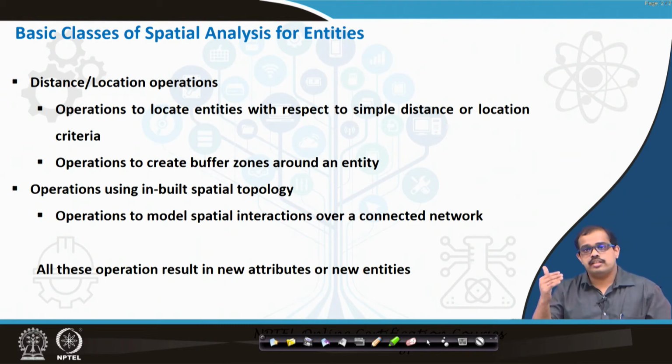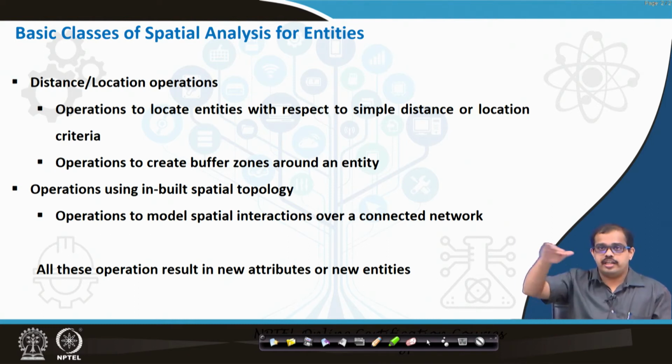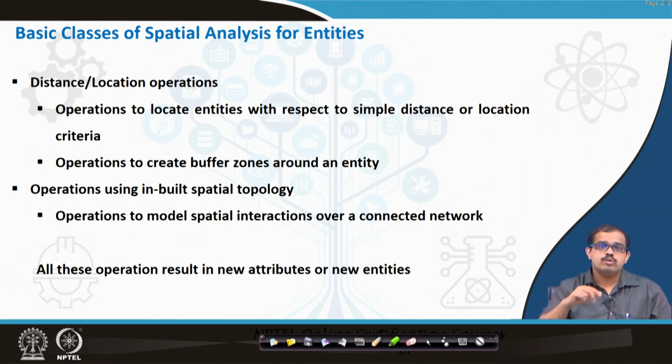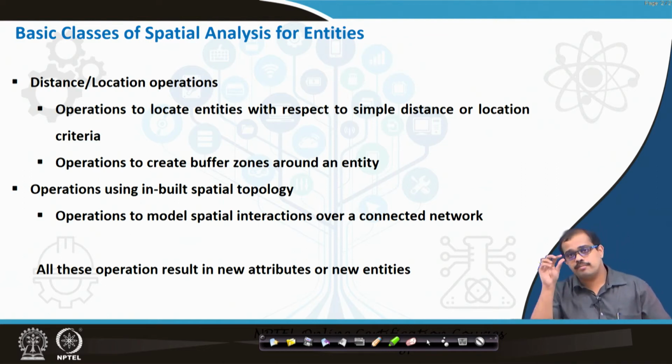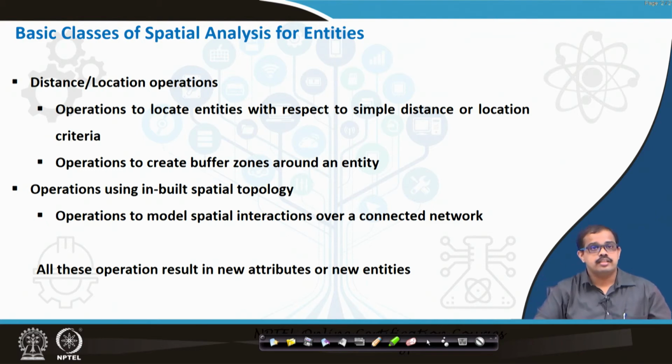It can also be to create a buffer zone around an entity. For example, you have a lake in your campus, and you want to create a buffer zone so that you keep that lake intact. So buffer analysis is also a basic spatial analysis. Then there are operations to build topology. I hope you understand what topology means; I spoke about it last week.